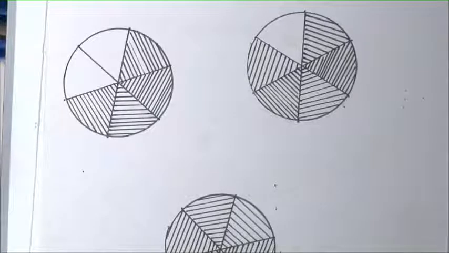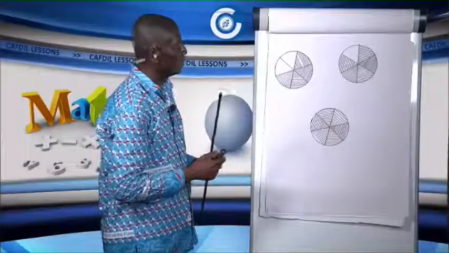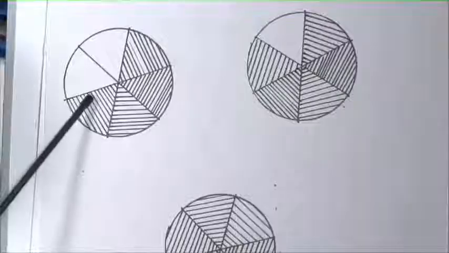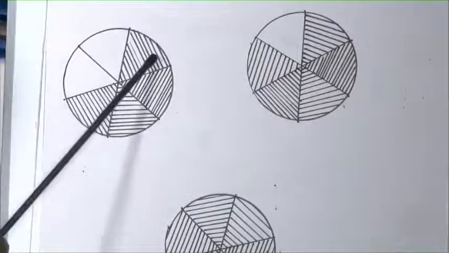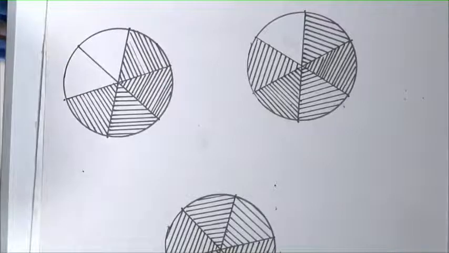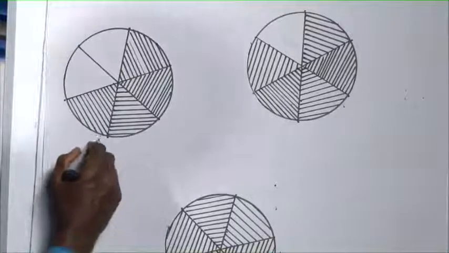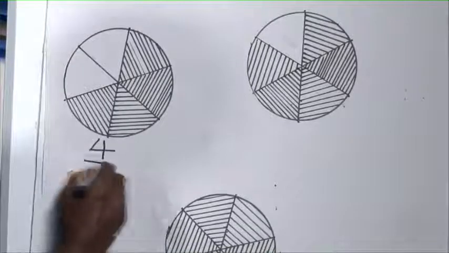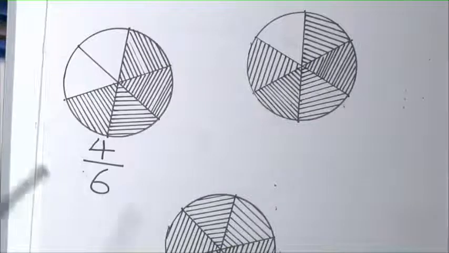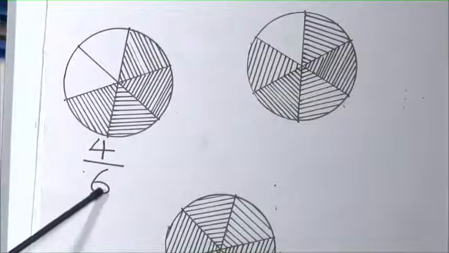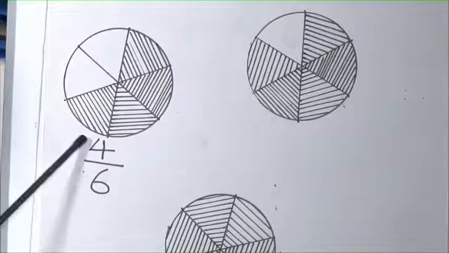So what fraction has been shaded in this circle? 1, 2, 3, 4. So the fraction is 4/6. Say it again. 4/6.